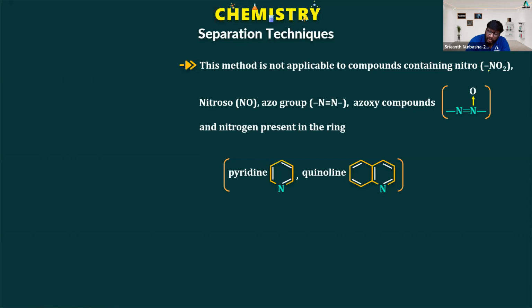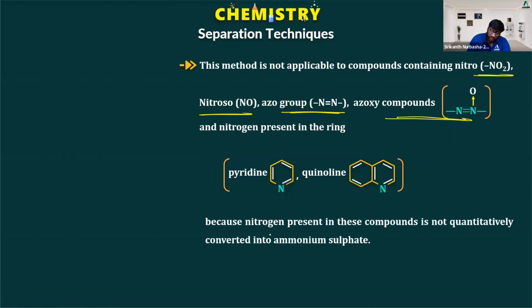This method is not applicable to nitro, nitroso, azo, azoxy, and nitrogen present in the ring like pyridine and quinoline, because nitrogen present in these compounds is not quantitatively converted into ammonium sulfate. Is that clear? There are a lot of compounds where you cannot apply Kjeldahl's method, like nitro, nitroso, azoxy, nitrogen present in the ring.